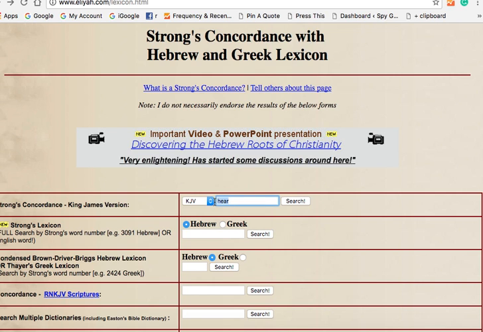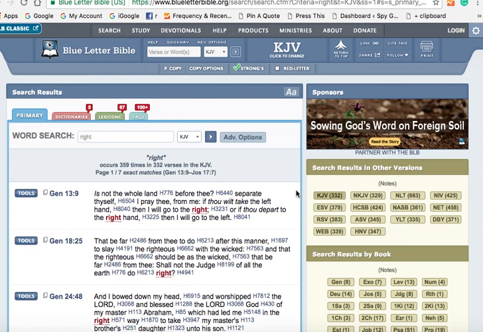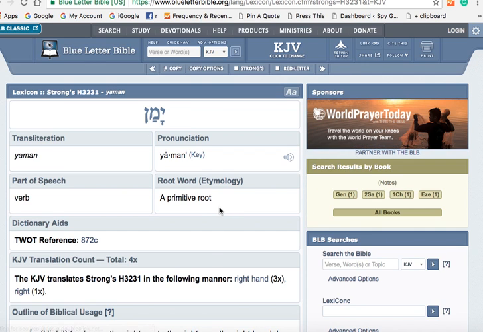Now I know that just from my own experience on this, the word right is the word that brings us closest to Yamaim. And that one there is a Hebrew word, 3231, which takes us to Yaman, almost like Yemen.